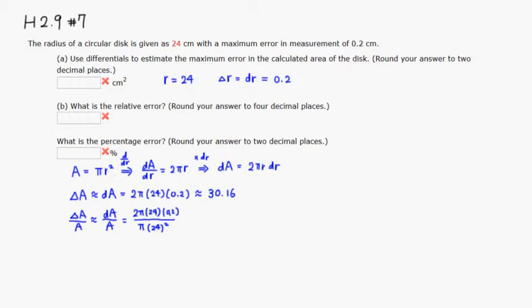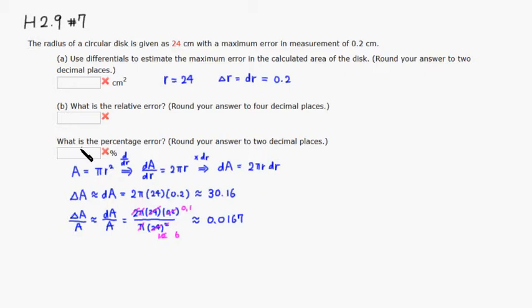We can cancel pi on top and bottom, and one of the 24s, and then we can cancel 2 too, and this becomes 12. So 0.1 divided by 6 comes out to be 0.0167.